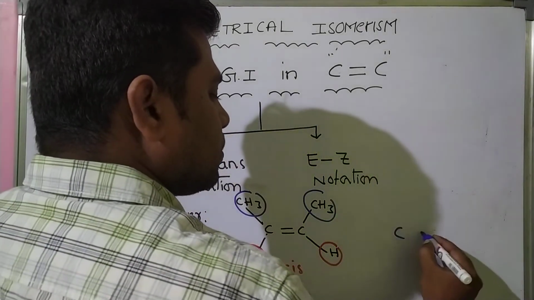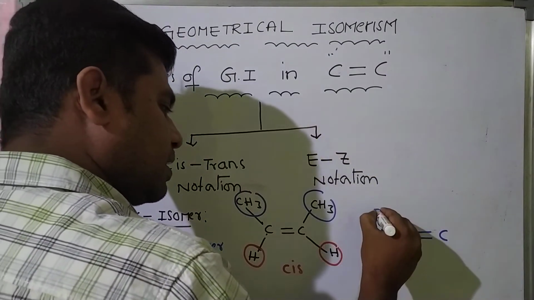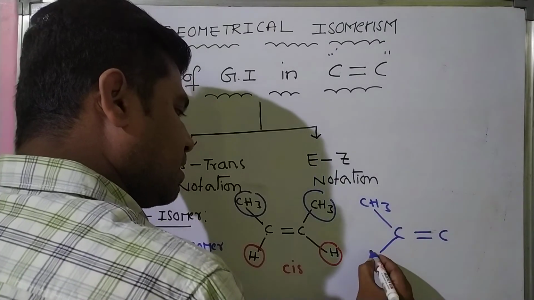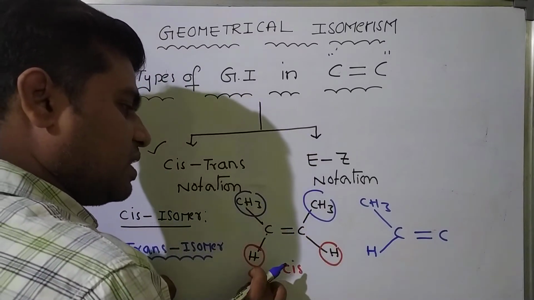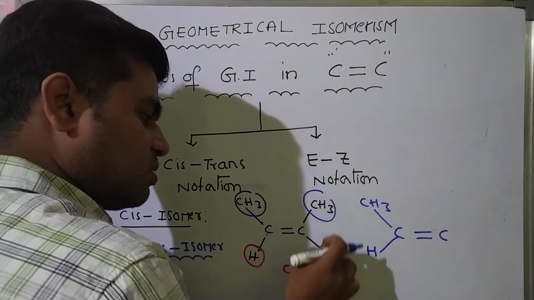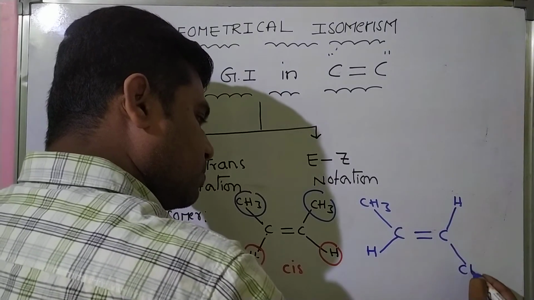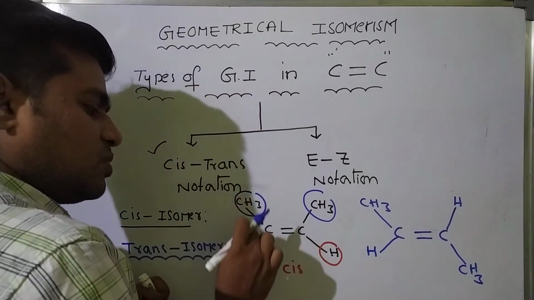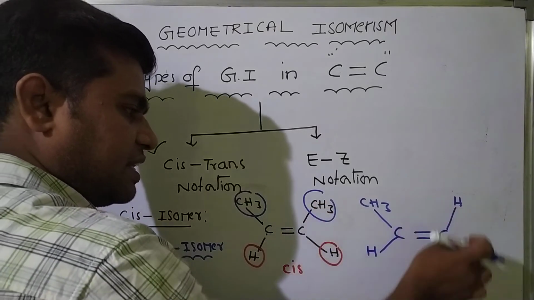Suppose the given compound can be changed a little bit by exchanging the groups. Here this is methyl group, this is hydrogen. Leave these two groups. Now please exchange these two groups. Here hydrogen, here methyl group. Very small operation. These two groups remain unchanged, but these two groups are exchanged like this.